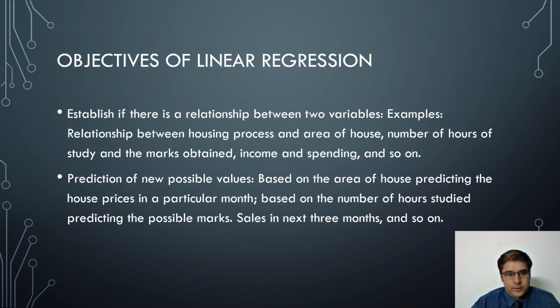Objectives of linear regression: establish if there is a relationship between two variables. For example, relationship between housing prices and area of house, number of hours of study and the marks obtained, income and spending, and so on. Prediction of new possible values. Based on the area of house, predicting the house prices in a particular month. Based on the number of hours studied, predicting the possible marks, sales in the next 3 months, and so on.